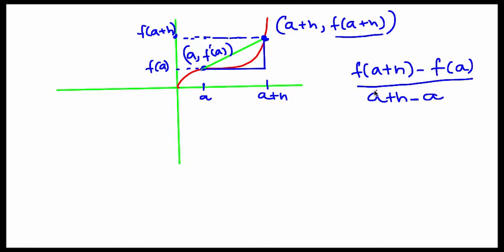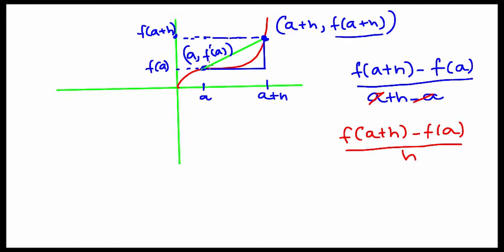In this case there is a positive a and a negative a, so you can cancel them and rewrite the expression as f of a plus h minus f of a over h.